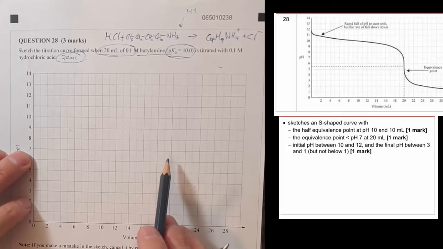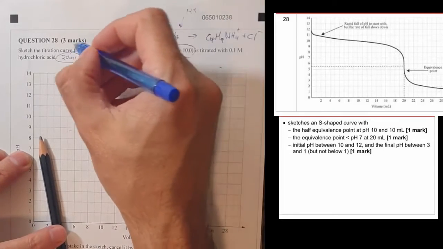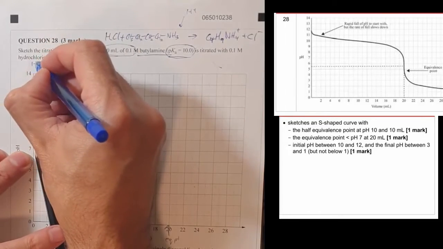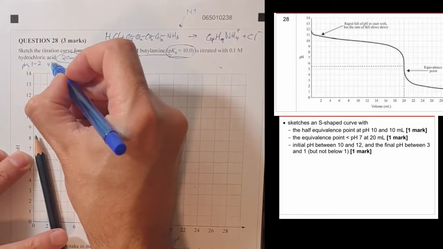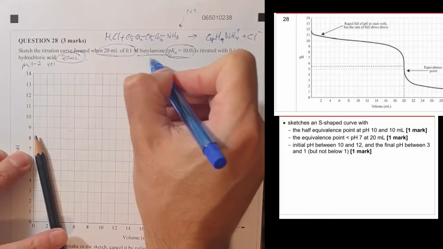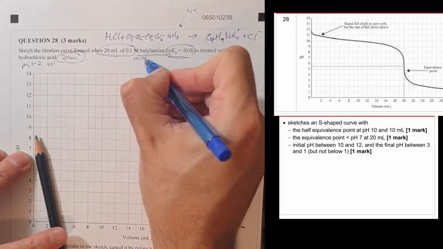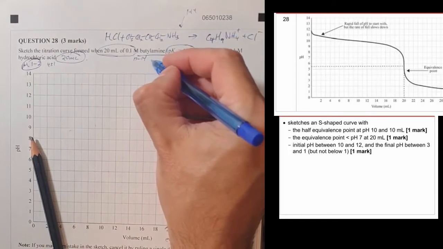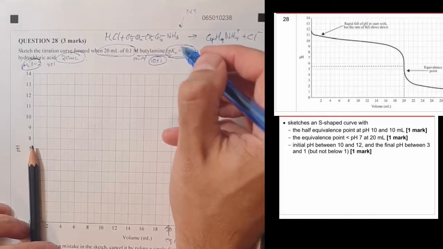Now, when you've got a strong acid, I just use a rule of thumb: between pH 1 to 2 for strong acids, and 4 plus or minus 1 for weak acids. Then strong bases are 13 to 14, and weak bases are 10 plus or minus 1. They're just approximations, and this is a weak base, so we're going to go there.